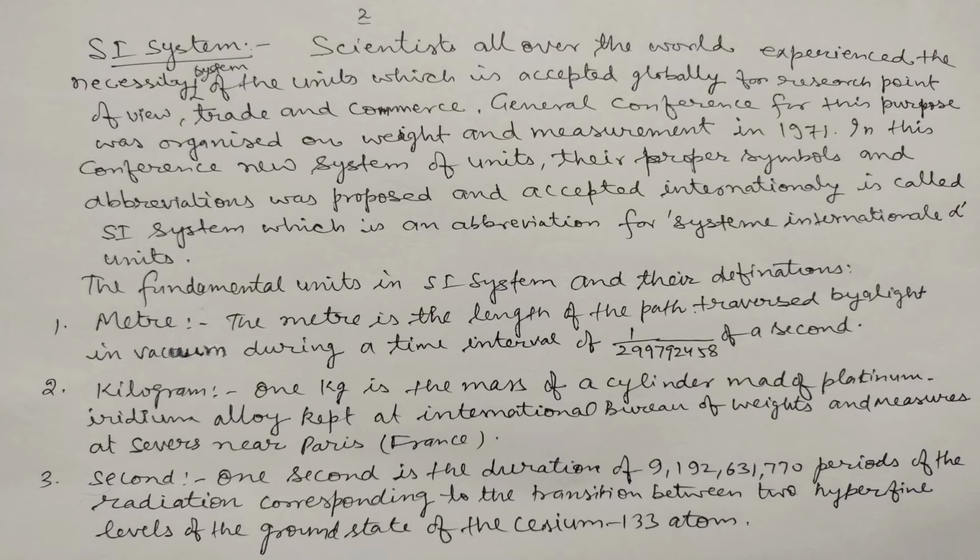The fundamental units in the SI system and their definitions are given. We know that there are 7 fundamental units: meter, kilogram, second, ampere, Kelvin, candela, and mole.